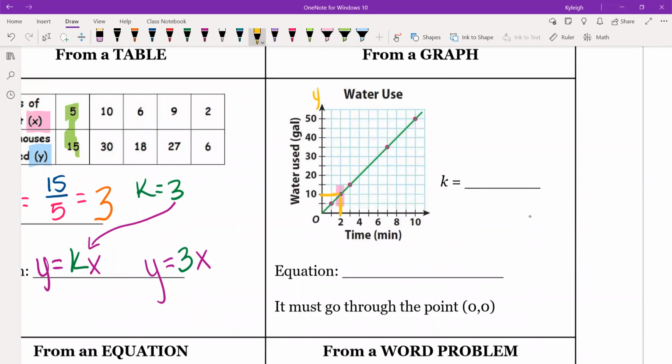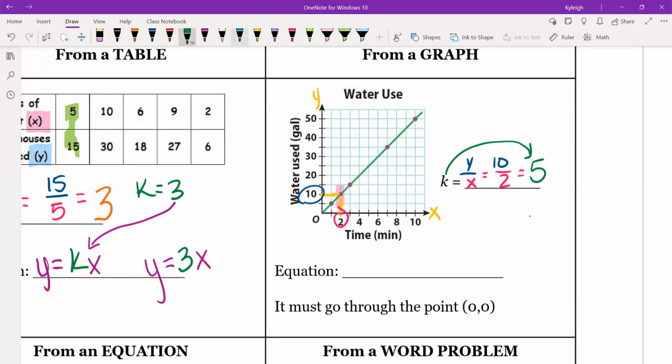Remember that this is y and this is x. So my formula is y over x, remember. So our y value is 10, our x value is 2, and 10 divided by 2 is 5. So then that's our k value.